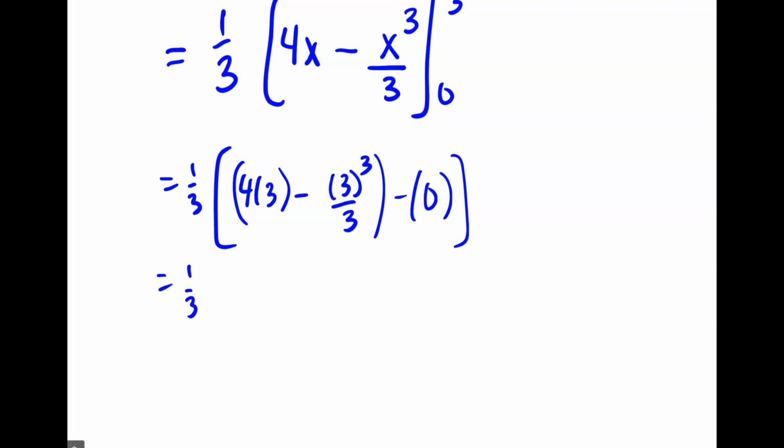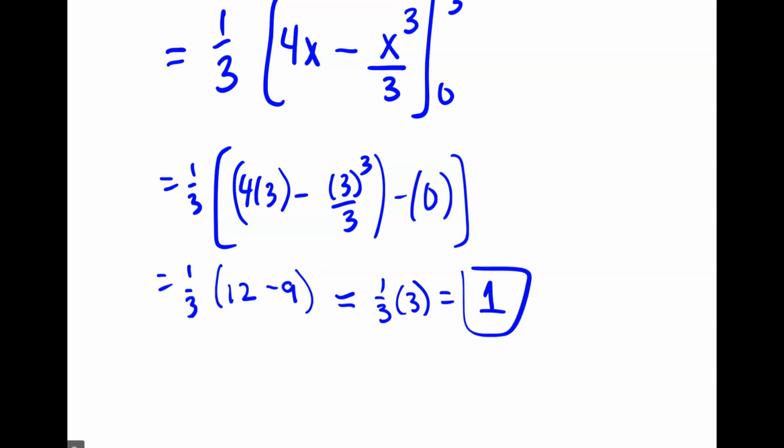So I have 1/3 of, let's see, 12 minus 27 over 3 is 9. So 3, oh wow, it's just going to be 1. So this is the average value.